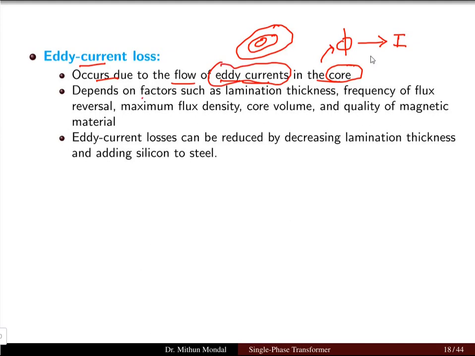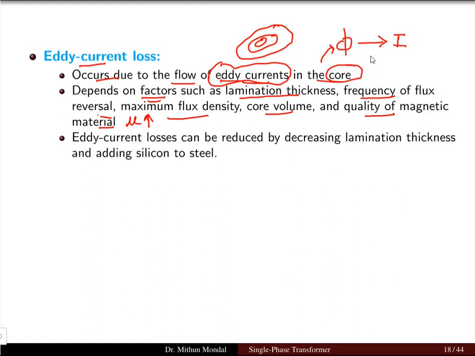The eddy current loss depends on various factors: first, the lamination thickness, the frequency of the flux reversal, the maximum flux density, the core volume, and the quality of the magnetic material. So we prefer the permeability of the magnetic material to be high so that less current is needed to establish the flux.